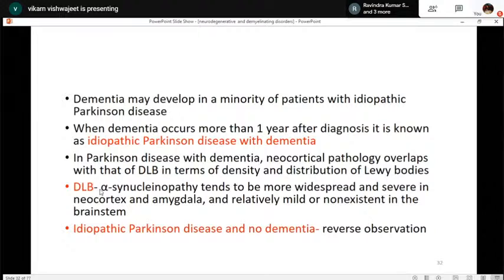While in dementia with Lewy bodies, these Lewy bodies are more widespread and severe in the cortex and amygdala, and it affects the brainstem relatively less compared to Parkinson's disease. So if a patient with Parkinson's disease has Lewy bodies in cortical areas, he will develop features of dementia, and in that case it will be categorized as idiopathic Parkinson's disease with dementia based on the clinical course of the disease.